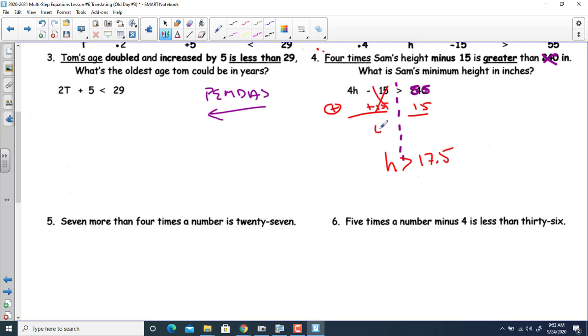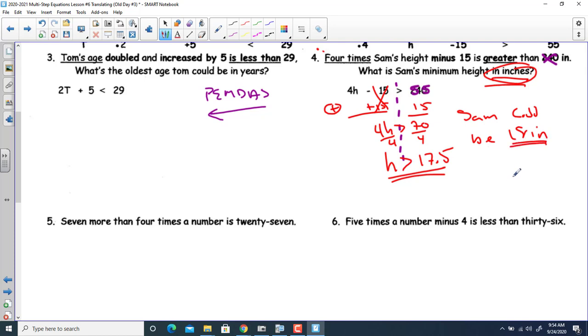And it's going to let us know that 4 times his height should be greater than 70. And if we divide both expressions by 4, is that right, everybody? Do I have to go to my calculator, or can I get a thumbs up on that? Okay, so what is Sam's minimum height in inches? Yeah, Sam could be 18 inches tall. Sam is a small person.